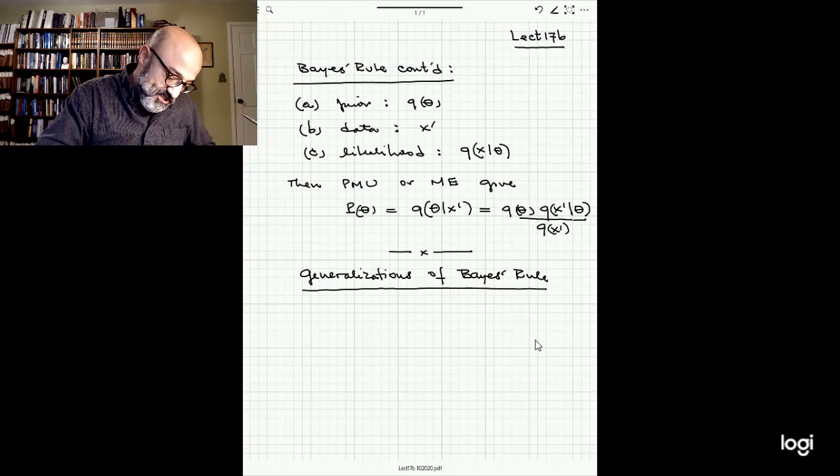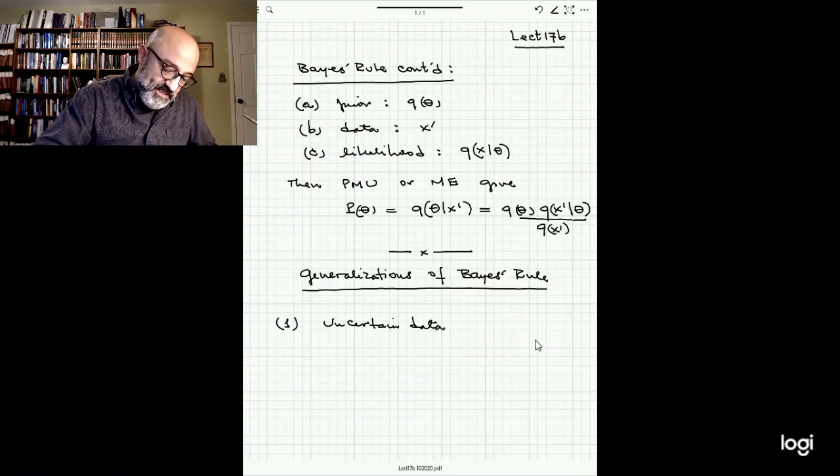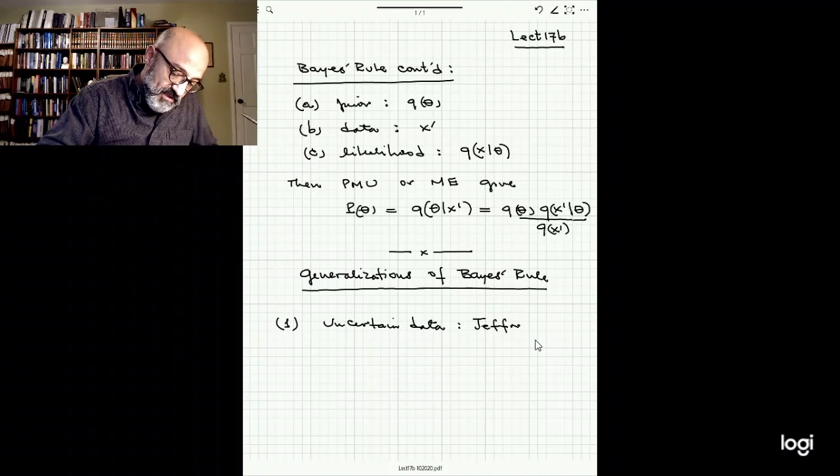One generalization is when instead of knowing the data precisely, you have uncertain data. This is what leads to what is called Jeffrey's rule.